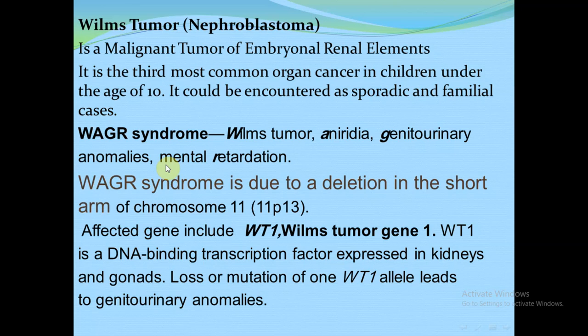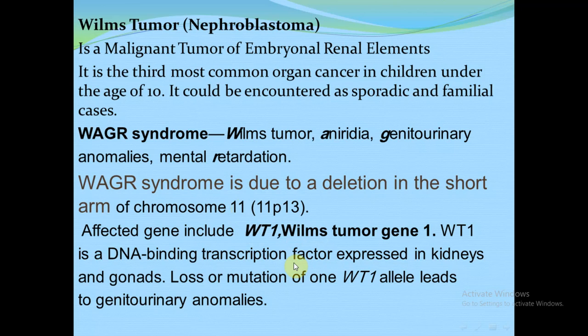هنا بالحالتين يصير mutation of Wilms tumor 1 gene اللي هو موجود على كروموسوم I think 11 على كروموسوم 11 Wilms tumor gene. Wilms tumor gene هو على كروموسوم 11.